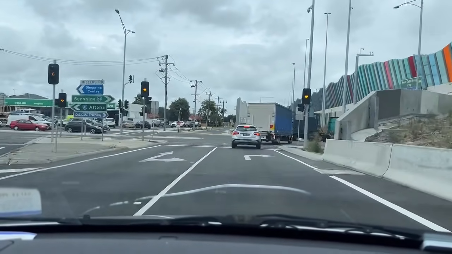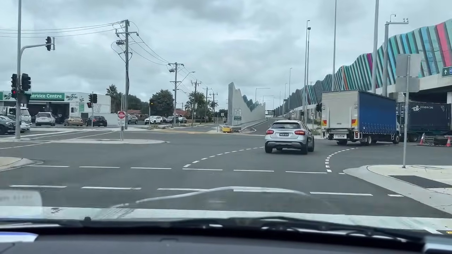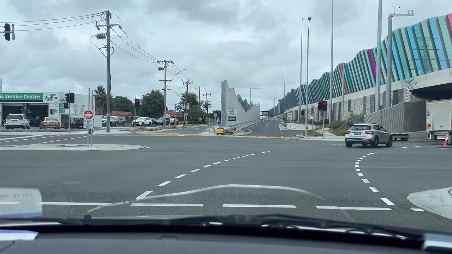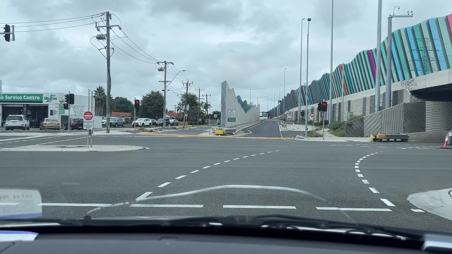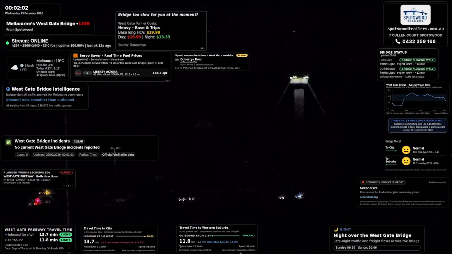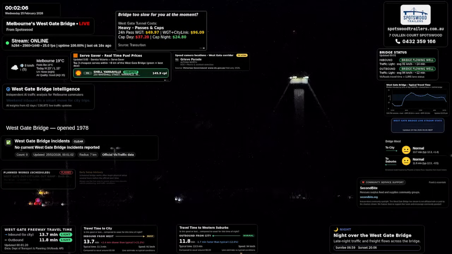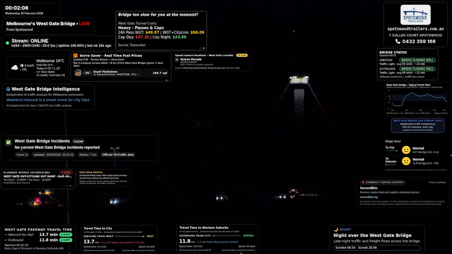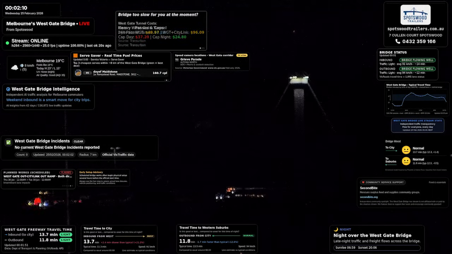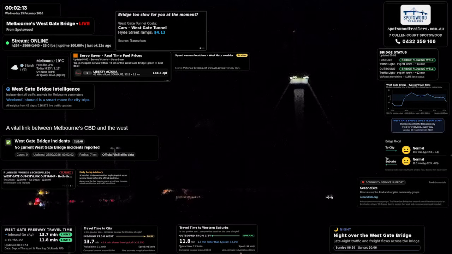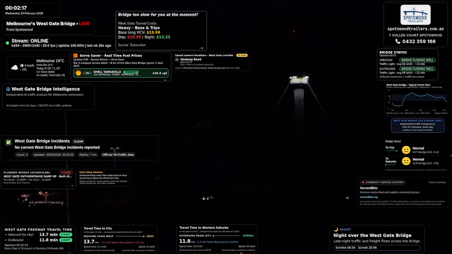So, Westgate live stream. Let's talk about some of the indicators on screen. We've got the bridge status overlay, just below the Spotswood Trailers logo. Bridge status gives an indication of whether the bridge is heavy, light, medium, etc., and it shows the speed of the bridge.